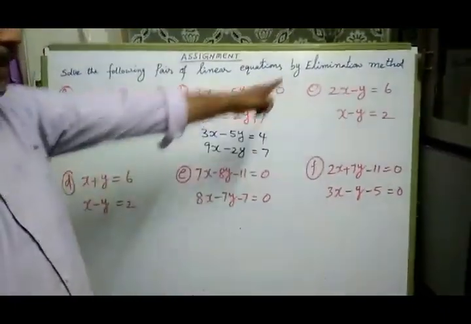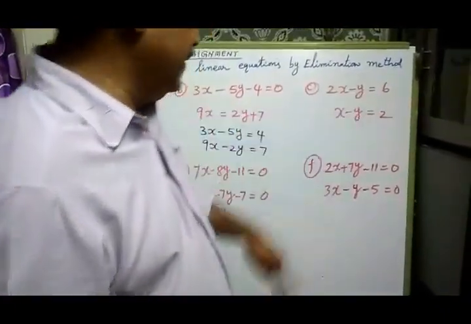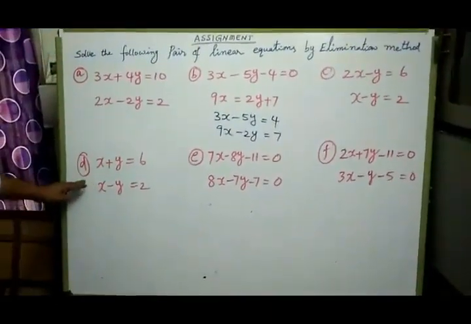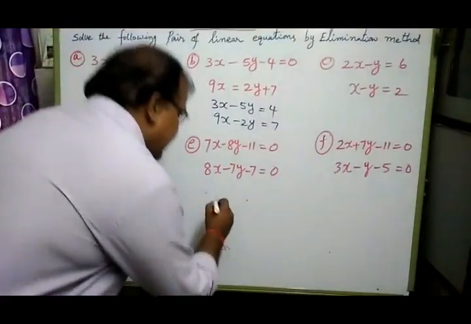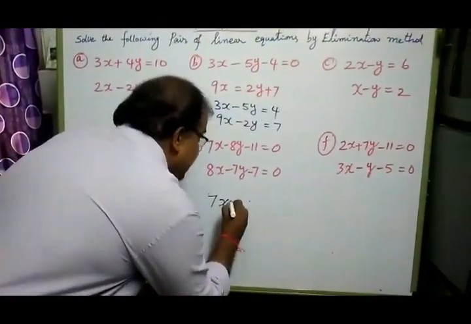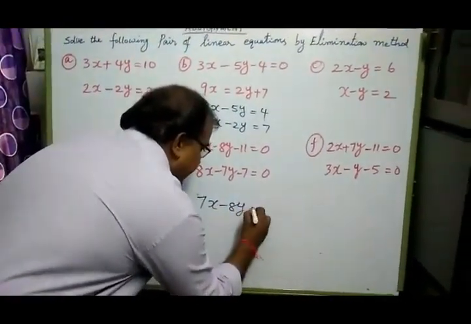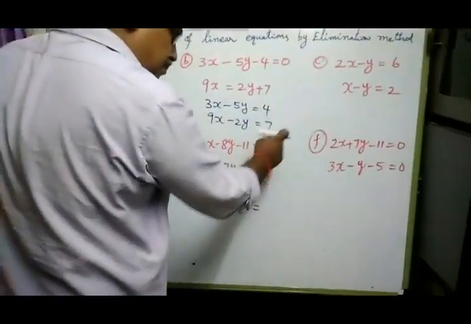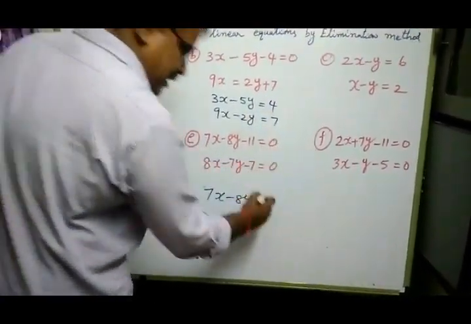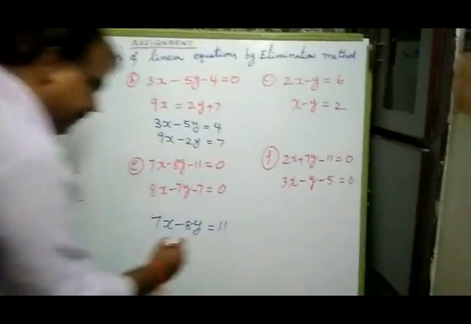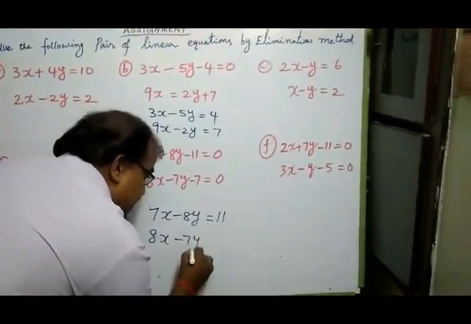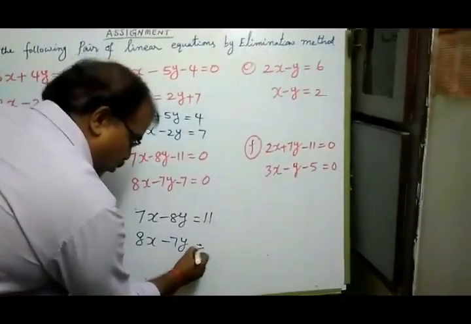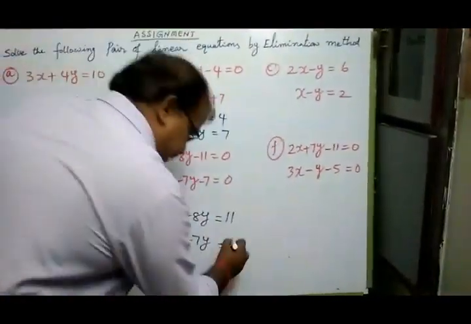Now this is the second question. Third question, C, as it is you can do. Coming to fourth, D, you can do. Coming to this question also, like B, 7x minus 8y is equal to 0 plus 11, transposing that side, is equal to 11. This is 8x minus 7y is equal to 0 plus 7, which is 7.